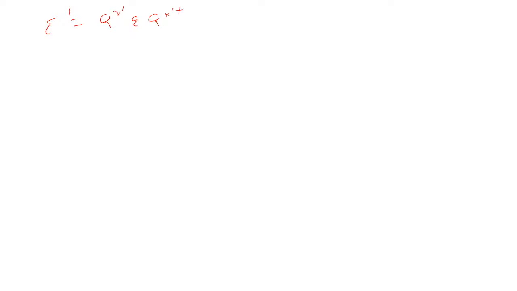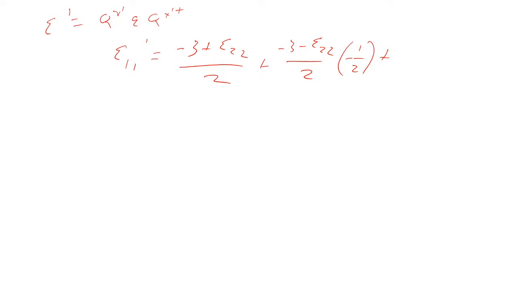And if we do that, we get epsilon 1 1 prime is equal to minus 3 plus epsilon 2 2 by 2 plus minus 3 minus epsilon 2 2 by 2 times minus 1 half plus epsilon 1 2 by 2 square root of 3 over 2.